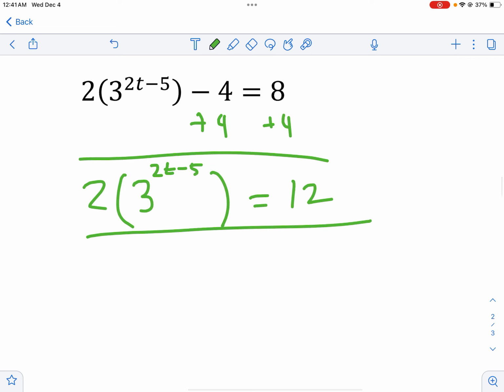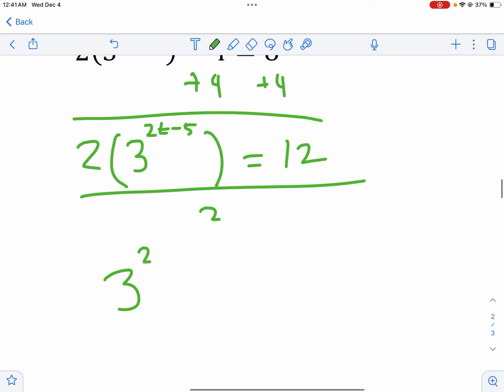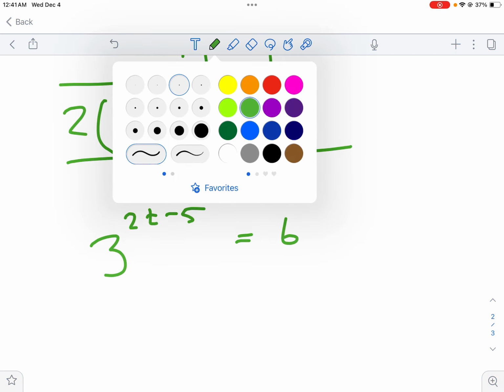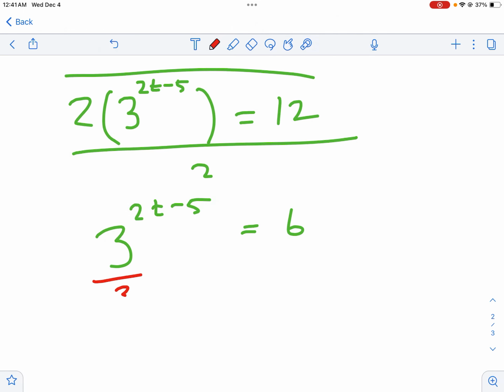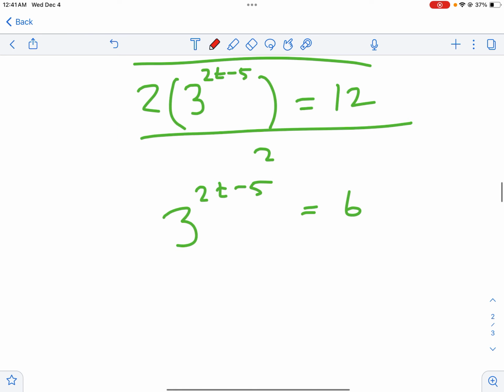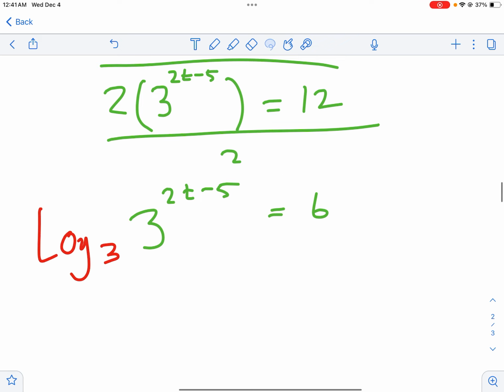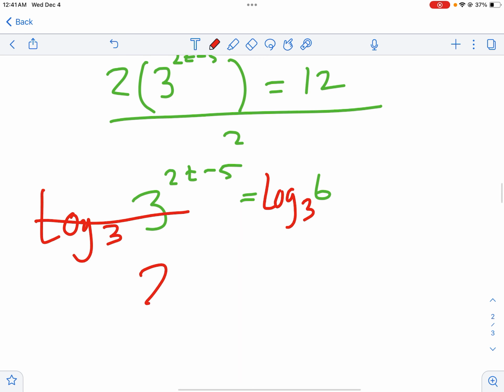Now I can divide by 2. So I have 3 to the 2t minus 5 is equal to 6. You cannot divide by 3. Right? You cannot do that because this is attached to the 3. So this is where I need to bring that exponent down. So I can do that by doing a log base 3 to both sides. And then that will reduce. So you have 2t minus 5 is equal to log base 3 of 6.